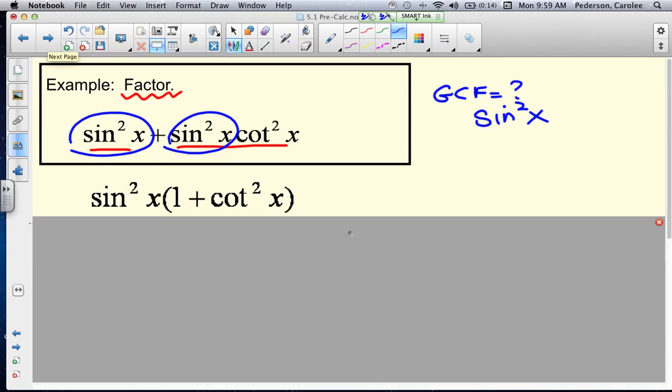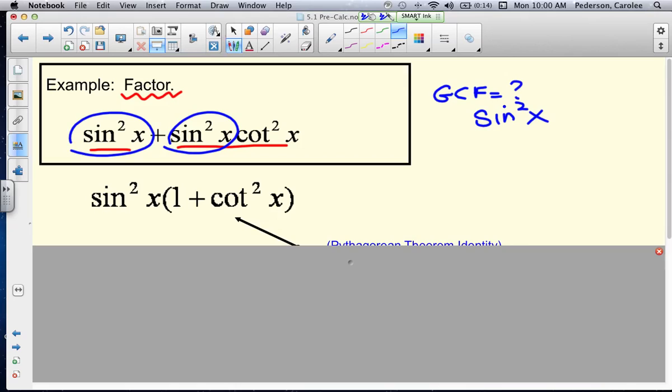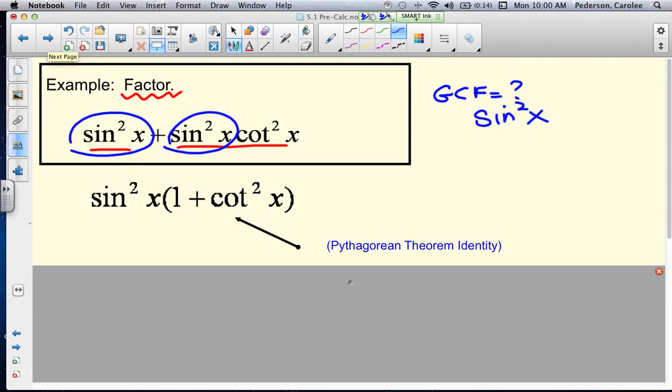Now let's see if we can replace, again, with something else. See if you can find in your notes any identities that might help you to replace. Look at your Pythagorean identities.